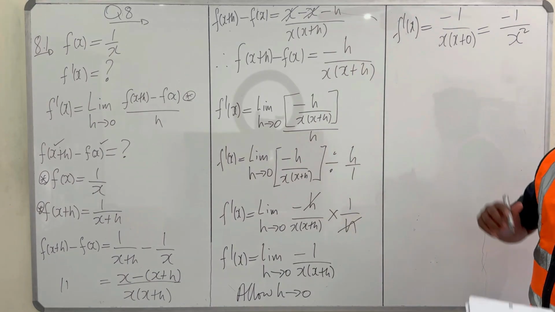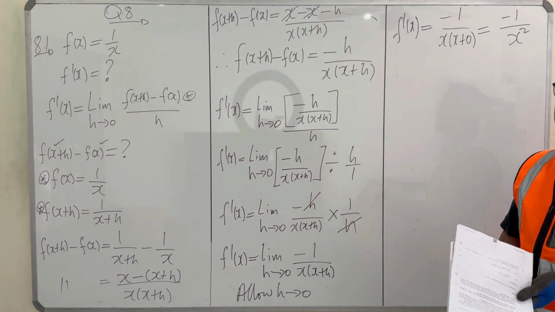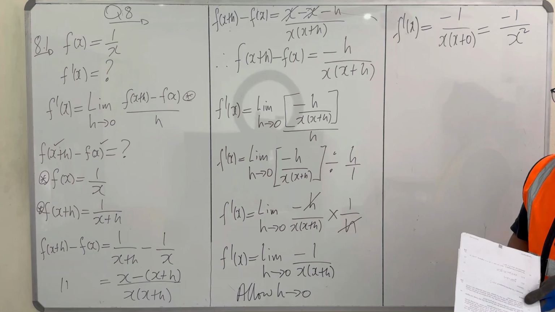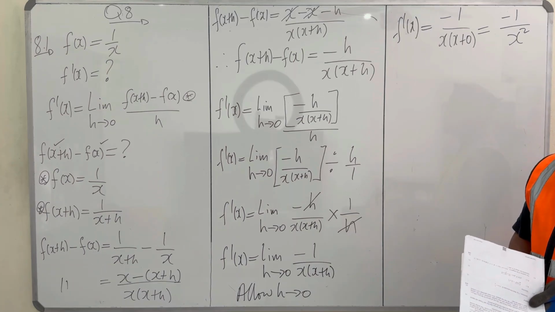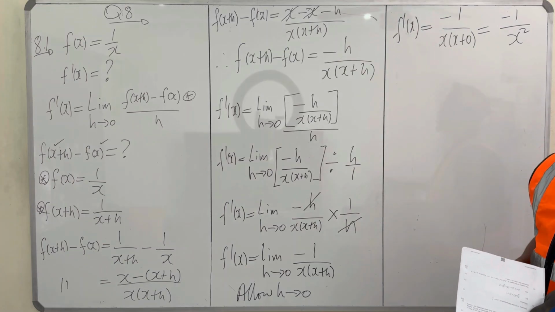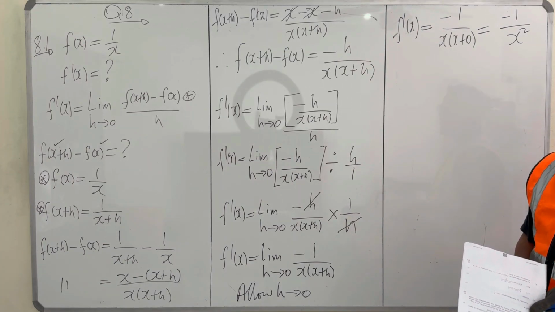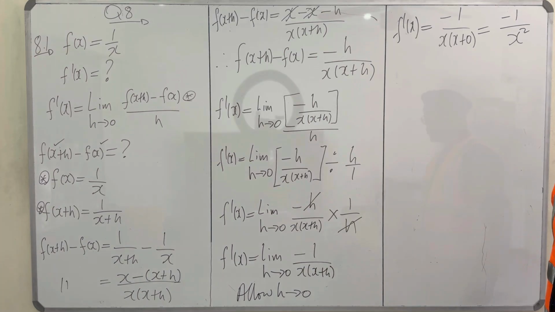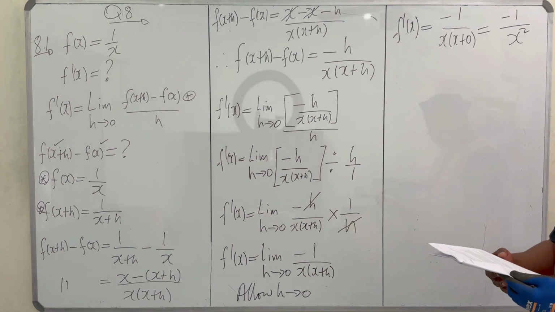So that is the derivative of f with respect to x using the limit, using the derivative definition, using first principles. I hope it makes sense to you as it does to me. So I'll clean the board now, and then we'll go to 8.2.